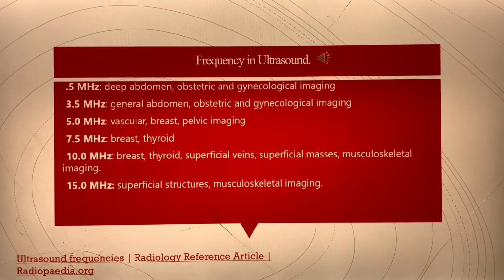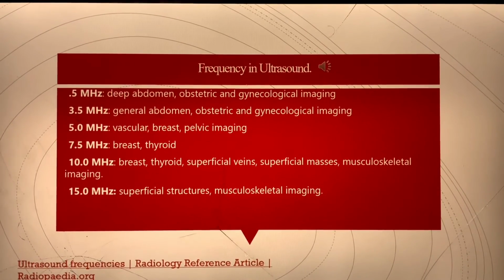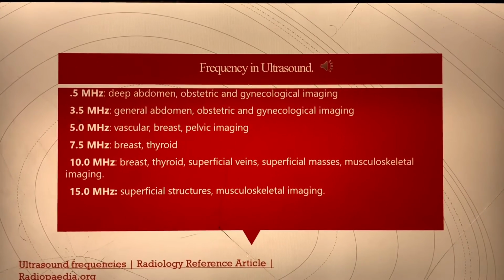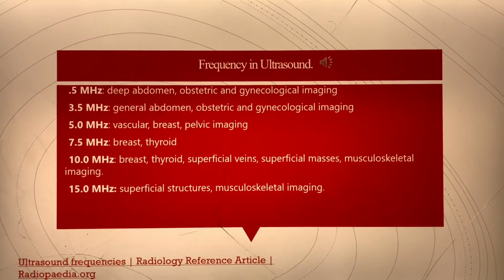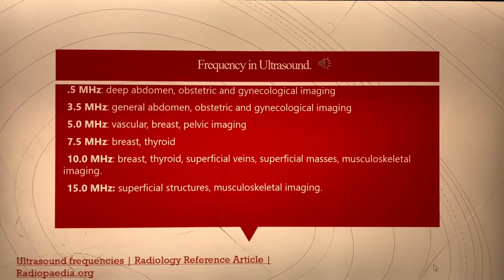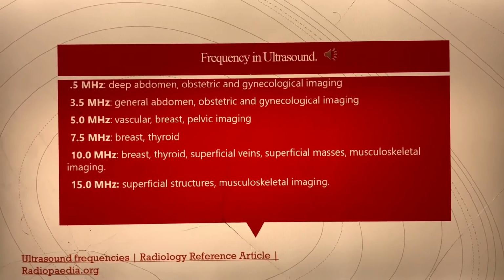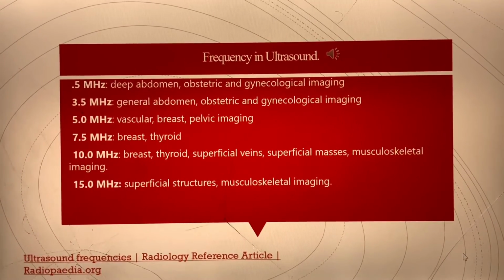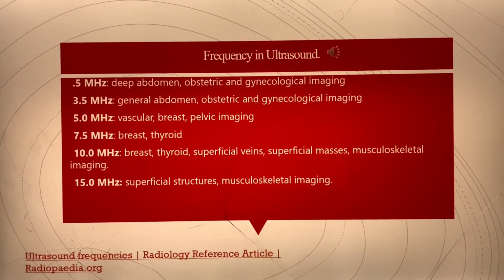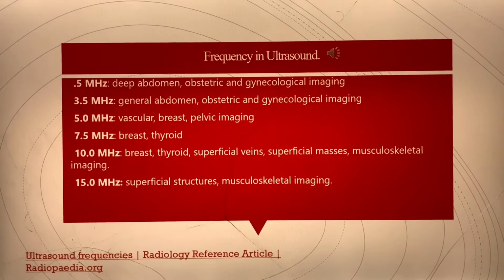For example, 0.5 hertz for deep abdomen, gynecological imaging, or 3.5 for general abdomen. Breast is 5.0, thyroid 7.5, some veins are 10.0. It just depends. It all works different. It all requires a different amount. I found this cool.